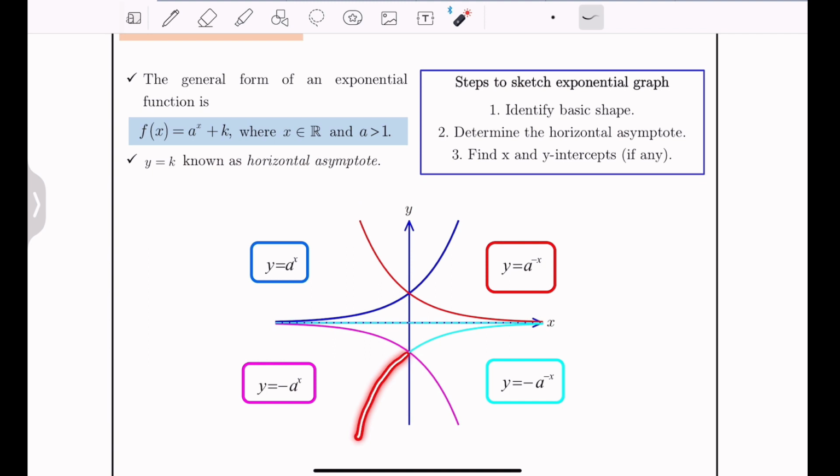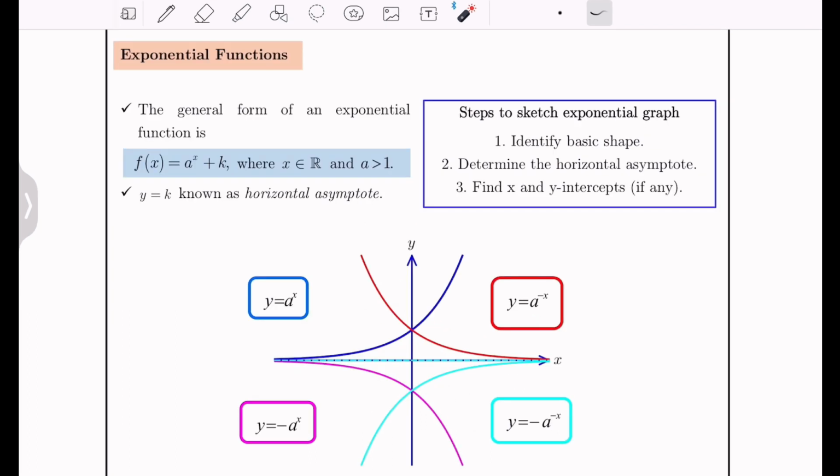As x approaches positive infinity, our graph will approach the horizontal asymptote. And lastly, when y equals negative a to the negative x, as x approaches negative infinity, our graph will approach the horizontal asymptote, and as x approaches positive infinity, the graph will decrease without bound.